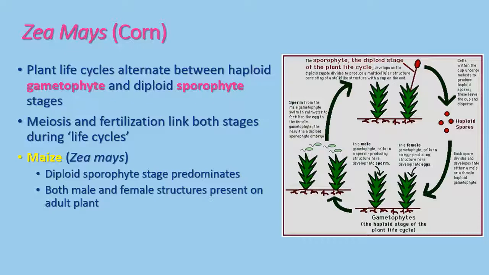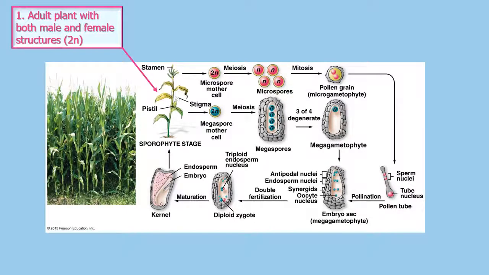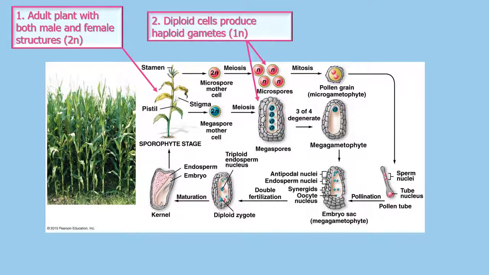In corn, the sporophyte stage is the more dominant one, and these plants have both male and female structures on the same plant. So this is how the process goes. You can see here an adult plant with both a stamen and a pistil, so it has both male and female structures. They undergo meiosis to produce haploid gametes.